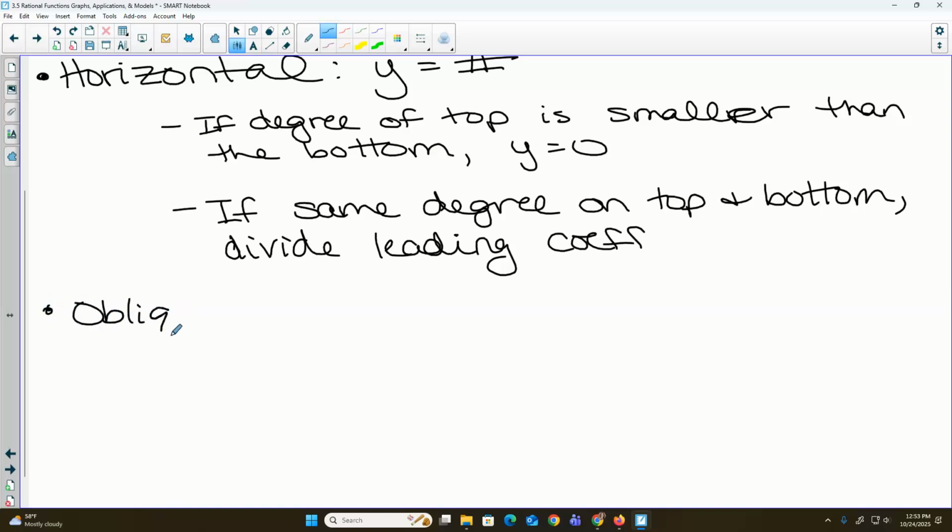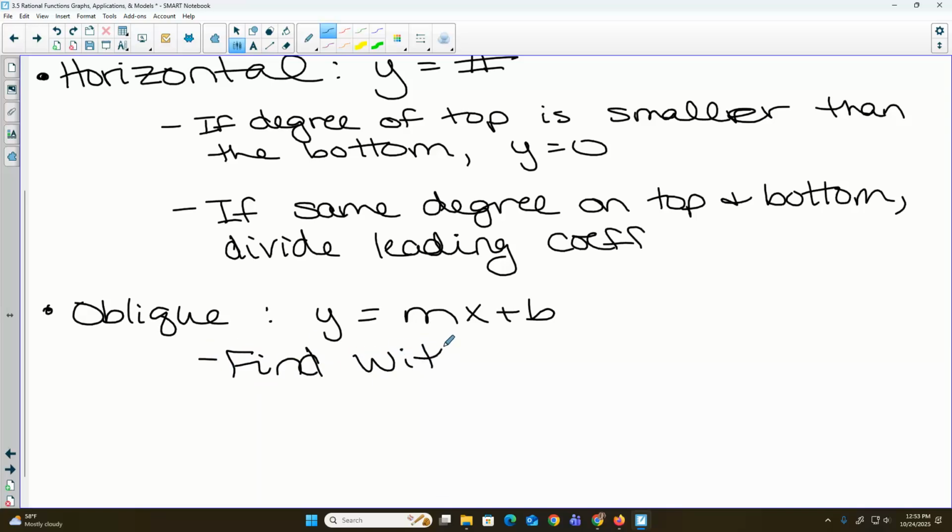Oblique asymptotes are going to be normal lines, y equals mx plus b. We find these with long division.